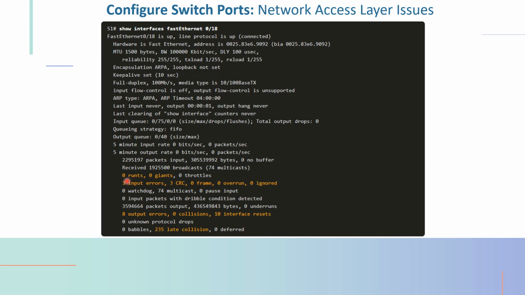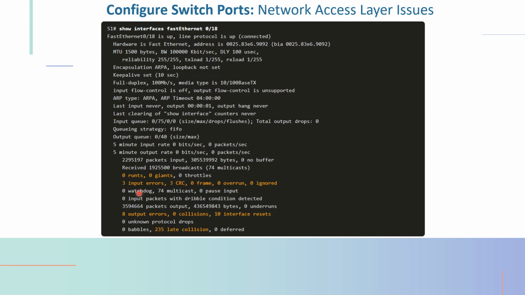And there are some media errors that are not severe enough to cause the circuit to fail, but they can cause network performance issues. We have input errors, which is the total number of errors. It includes runts, giants, no buffer, cyclic redundancy check, frame overrun, and ignored counts.